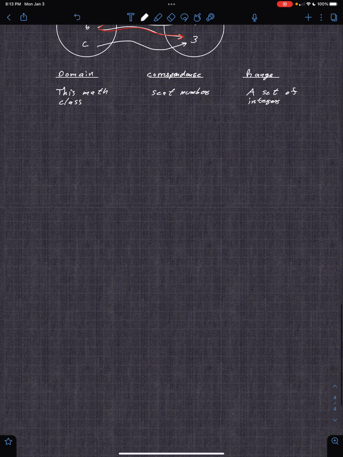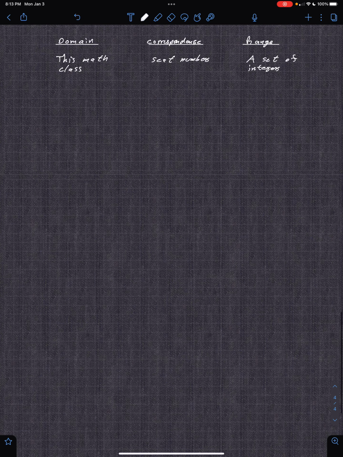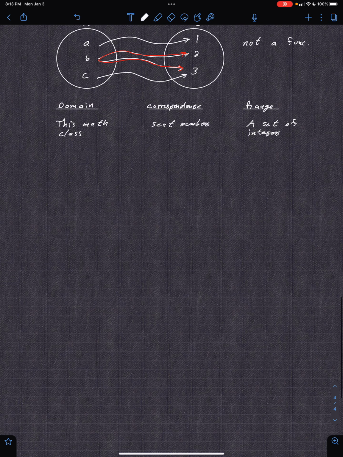So when would this be a function or not? You're picturing a bunch of desks, basically, and you're labeling these. All these people are sitting here. What situation would occur where it would not be a function?